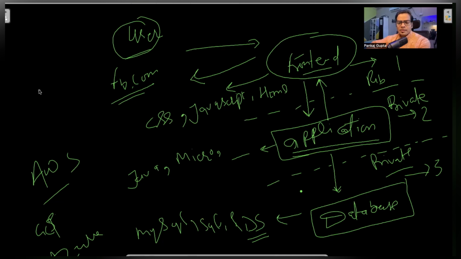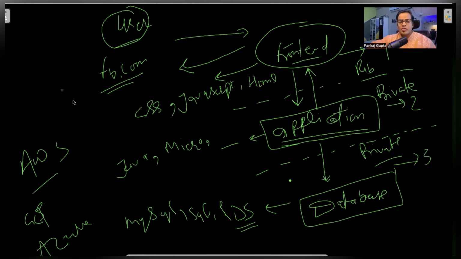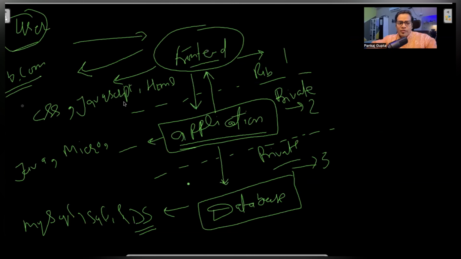So this is a very simple architecture. We can implement a standard architecture in the cloud, and this is how it will look. If I extend this further, this is how I can think of designing the same architecture.